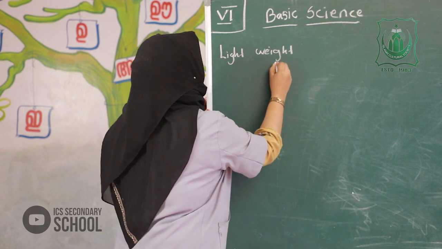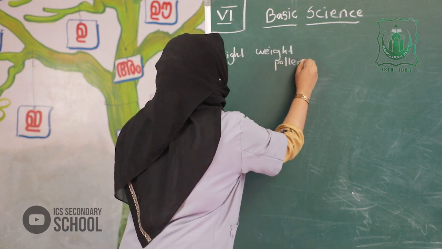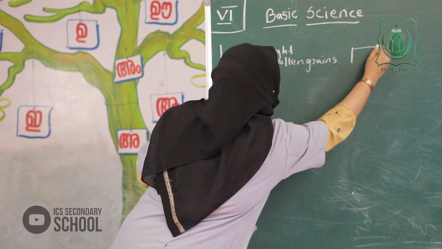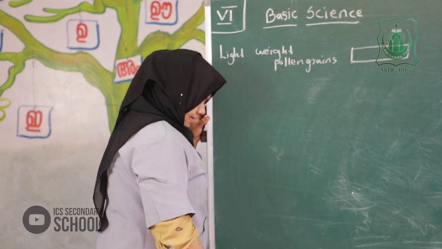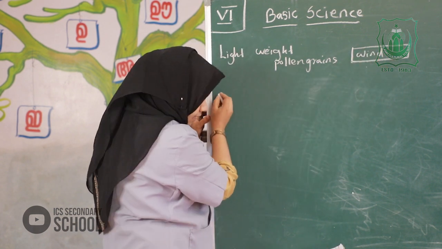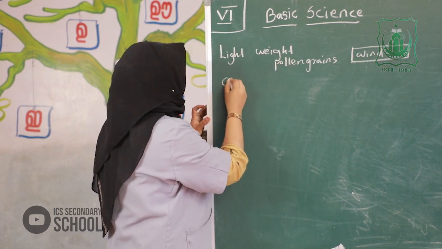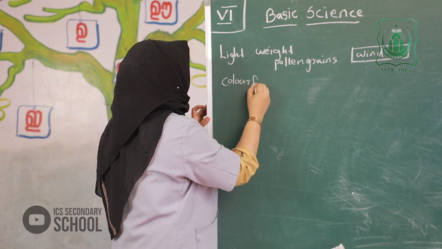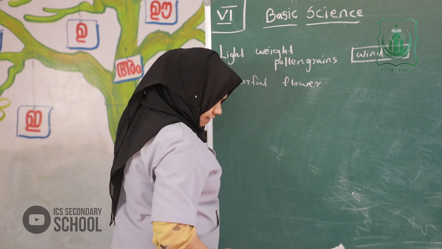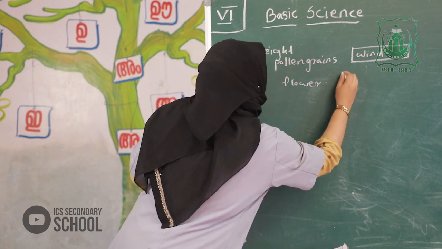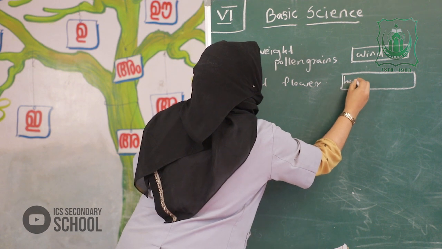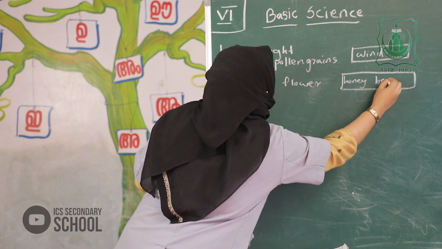Light weight pollen grains. Which one is correct? Yes, wind. Next, colorful flowers. Which one is suitable here? For colorful flowers, who is the pollinating agent? Yes, honeybee.